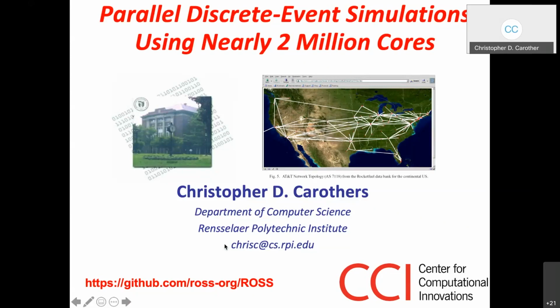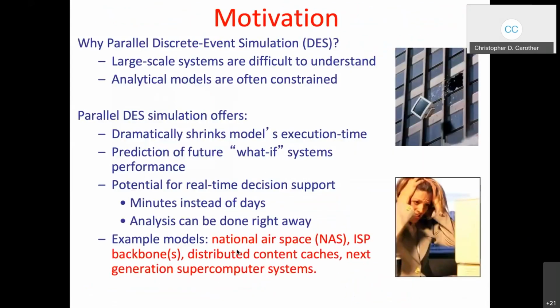Again, what's our motivation here? Why do we want to do these large scale parallel discrete event simulations? There's really two drivers for this. One, of course, large scale systems, and when I say systems, it could be human systems, it could be computer systems. There's just a broad range of things that one models with this particular approach.